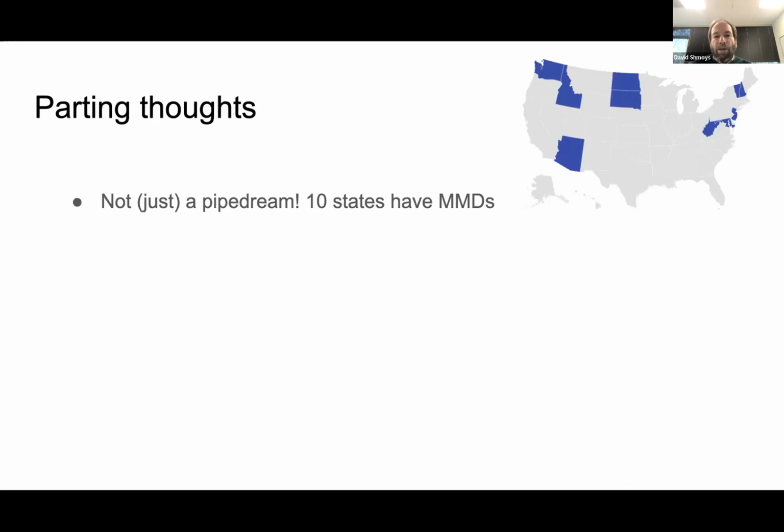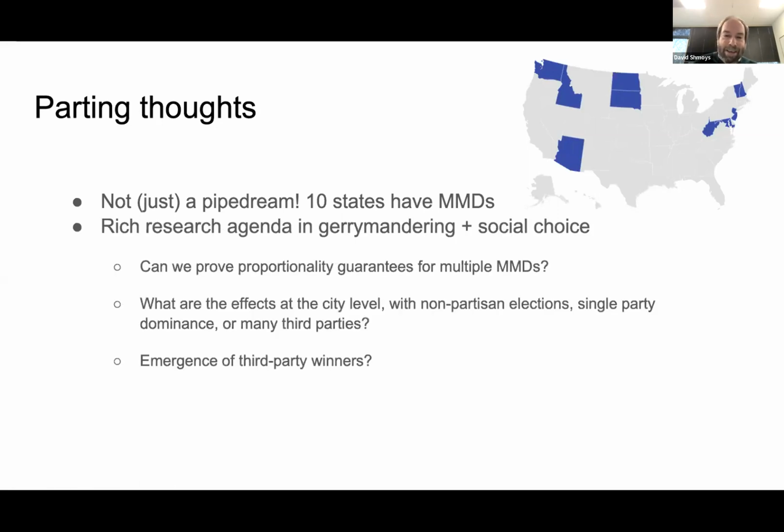So, some parting thoughts. Multi-member districts are not such a pipe dream. 10 states have multi-member districts at the state legislature level. Unfortunately, they also have winner-take-all mechanisms, and we've highlighted the dangers thereof.